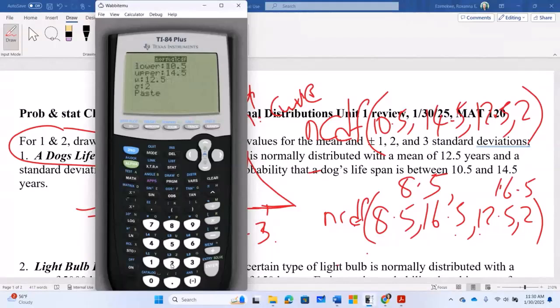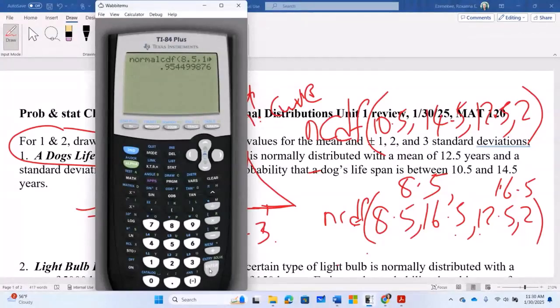Number 2, lower bound is 8.5. Upper bound is 16.5, plus or minus 2 standard deviations. The mean is 12.5, standard deviation is 2, and I'm going to calculate. It's asking me, is that what you want to type in? Yes. So I hit enter.